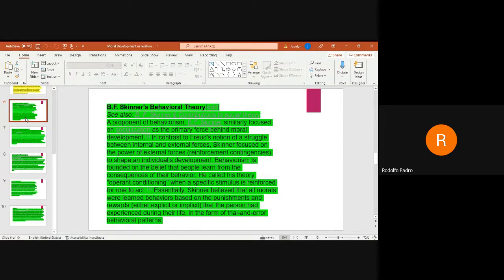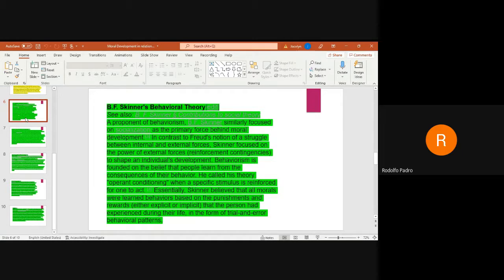But Burrhus Frederick Skinner focuses more on the power of external forces, reinforcement contingencies, to shape an individual's development. In his theory of behaviorism, he believed that people learn from the consequences of their behavior. He called this in his experiment operant conditioning.